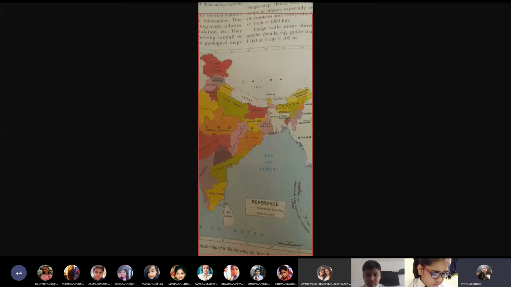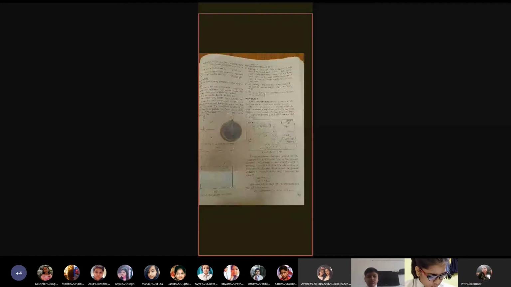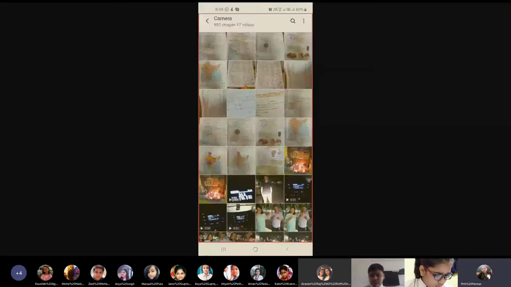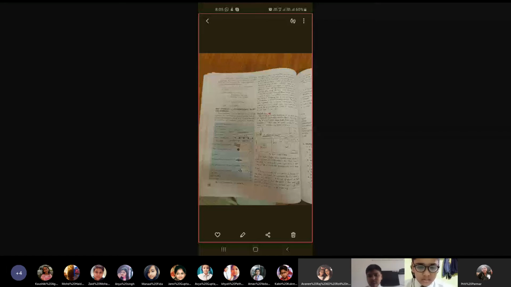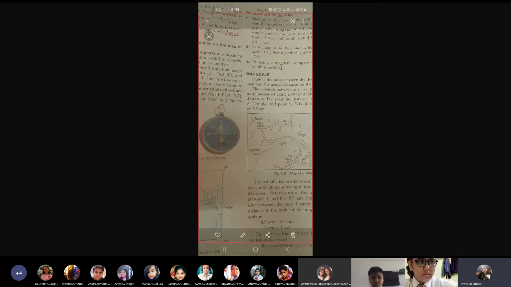So for the second point, children, please mark at the bottom corner of the map the scale of the map to represent distance are marked. I have only put a bracket after distance. You put a bracket are marked. Okay, this is your second point.